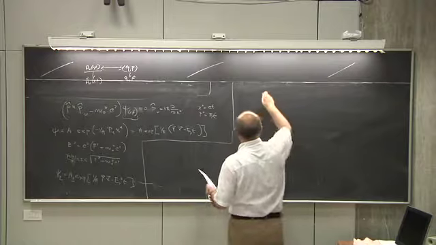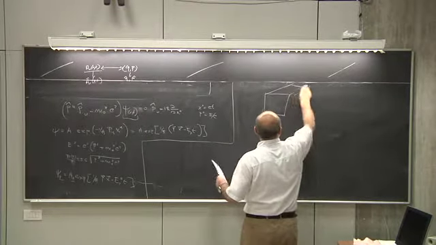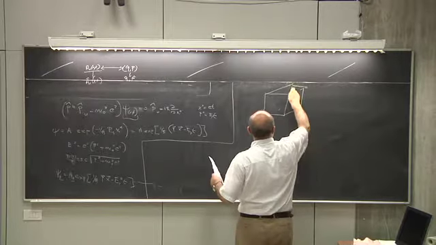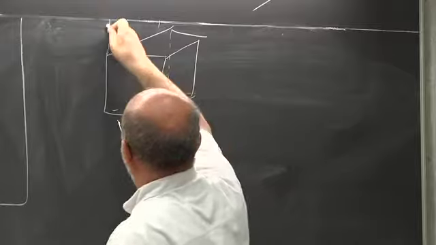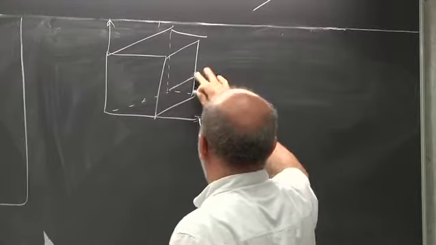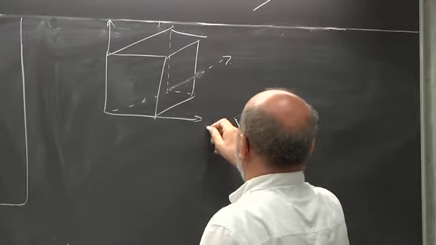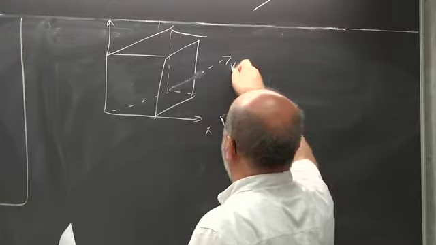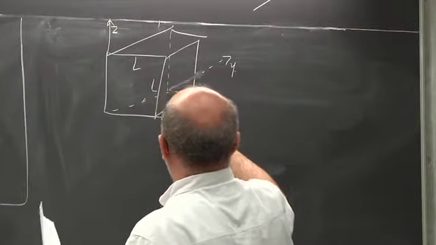What we do is we work in a box. Instead of working in all the space, we work in a box. Okay, so this is X, Y, Z. Let's work in a box with side L.